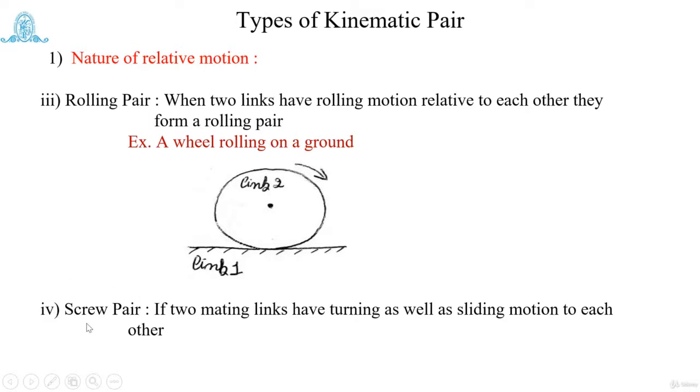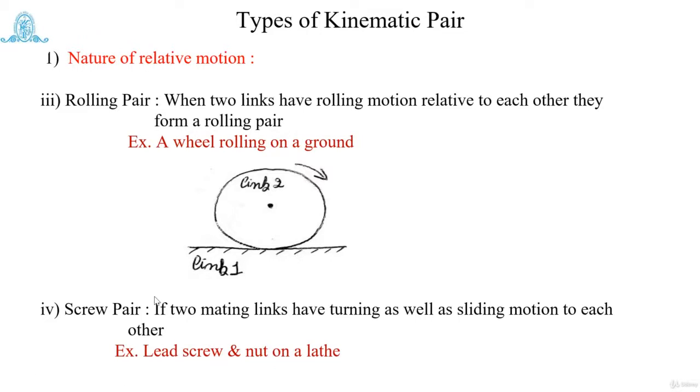What is the definition of a screw pair? If two links have a turning as well as sliding motion relative to each other, then they form a screw pair. Example: any screw that you take and fix inside the nut.